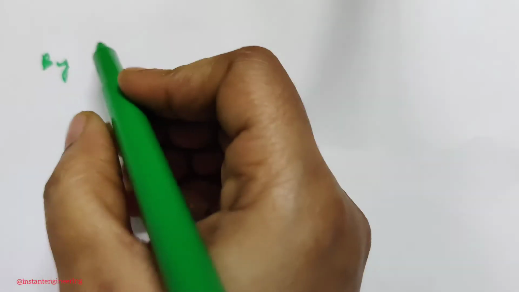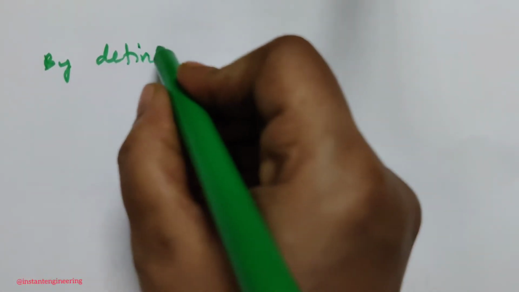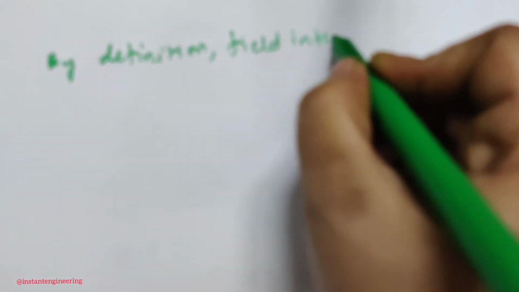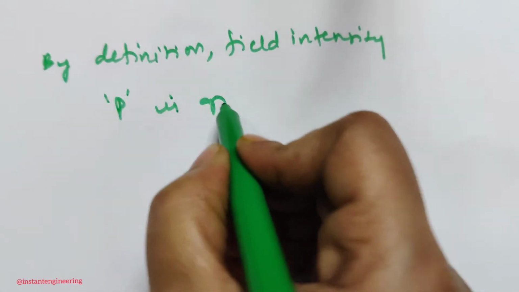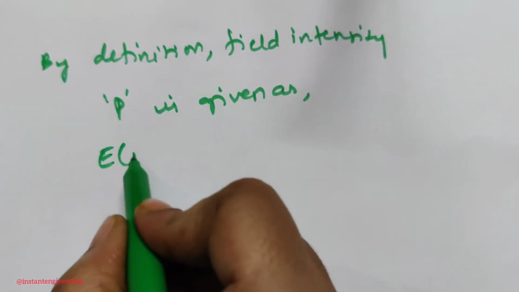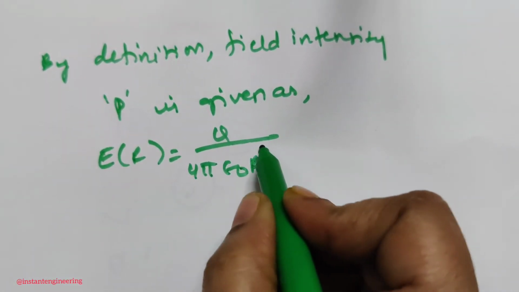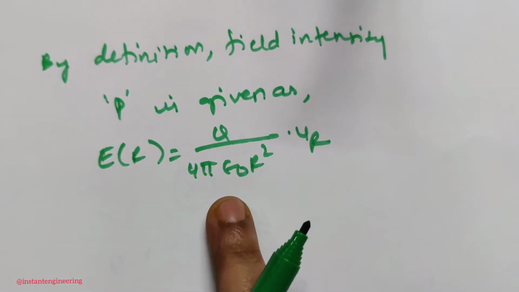Next, by the definition of field intensity, at point P (x1, y1, z1), E can be written as E equals Q by 4 pi epsilon naught R square into UR. This is the electric field intensity formula.